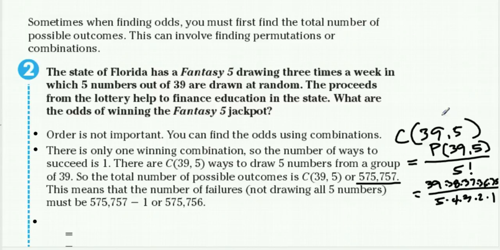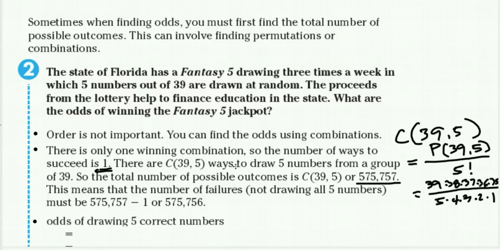There are 575,757 possible combinations. This means that the total number of failures, if there's only one winning combination, will be 575,757 minus 1, or 575,756, which brings us to the odds of winning.